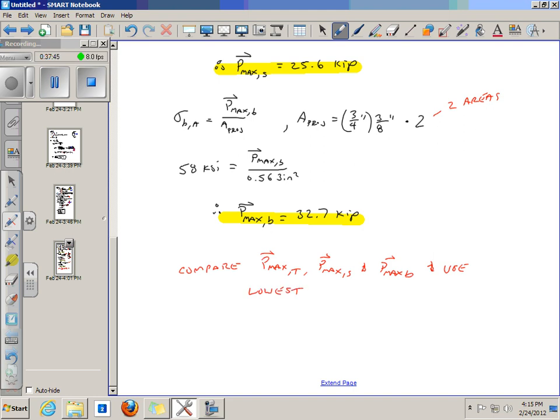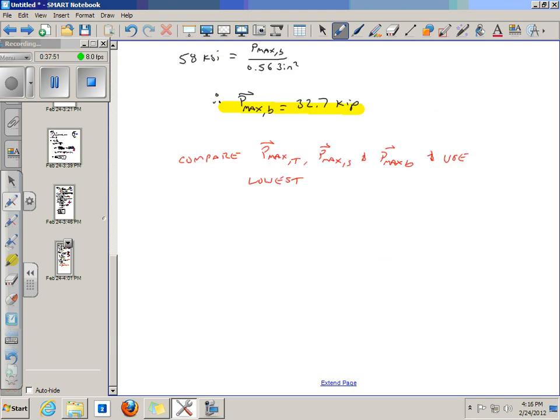Whichever way it's weakest, if it's not going to fail there, it's definitely not going to fail in the other two ways. So, step 5, the maximum amount of force P we can pull with those plates and not fail it in any of the three ways is 25.6 kips.